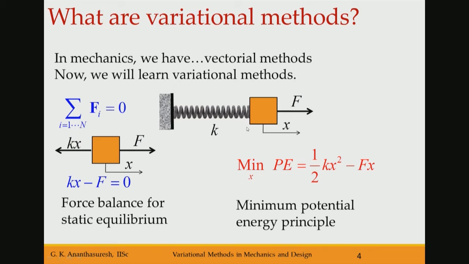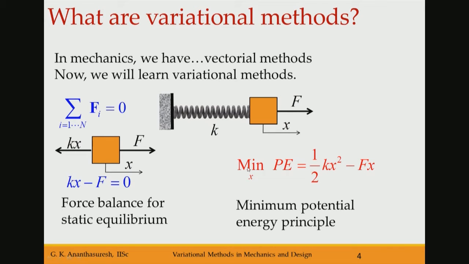Here for this problem it is half k x square, which you recognize as the strain energy stored in the spring. When the spring is pulled by a distance x, then the energy stored in the spring is half k x square, and then we have this F x, which is F times x, which is the work done by this force F. This is potential energy in this case.